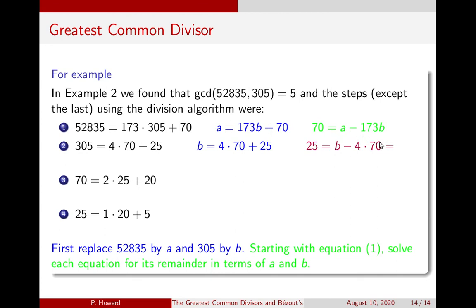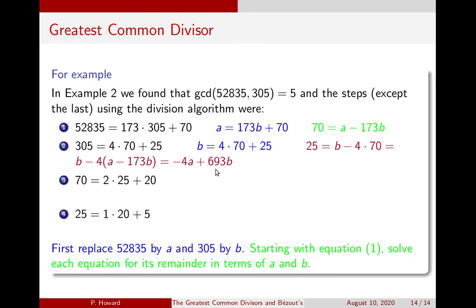So we're going to replace the 70 in this red equation by a minus 173b, which I did here. I simply replaced 70 by a minus 173b, and then I distributed the minus 4 and combined like terms. Minus 4a plus 693b was the result.